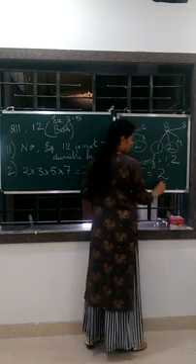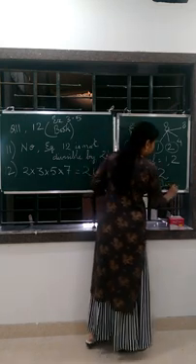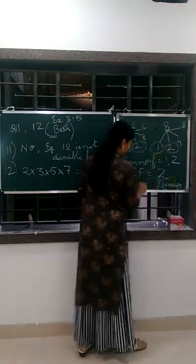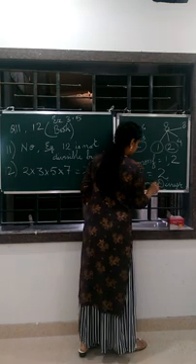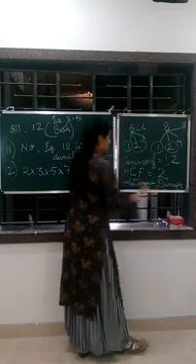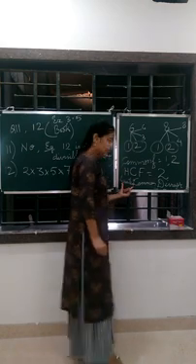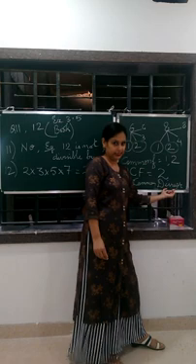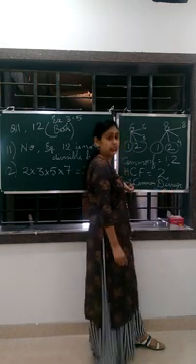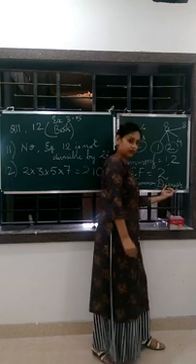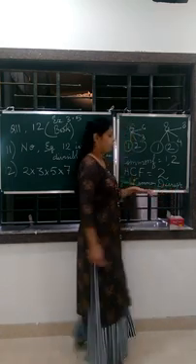Yes, apart from being a factor, it is a divisor. It is common and it is greatest. So it is also named as greatest common divisor, that is GCD. It is also known as GCD, that is greatest common divisor. Clear, children? I hope there is no doubt.